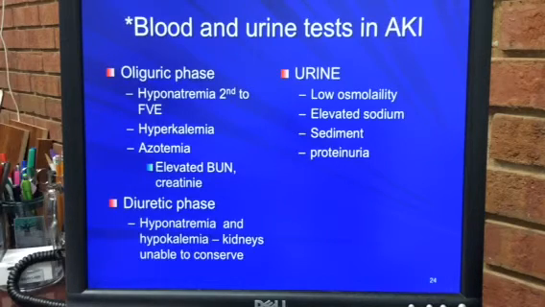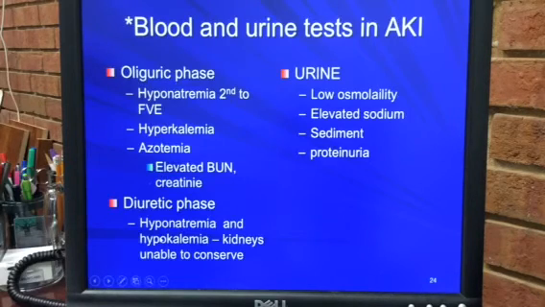We're talking about what people go through who experience acute kidney injury, regardless of the cause. So in the oliguric phase, you see a fluid volume excess that dilutes out the sodium. Their total body sodium is probably elevated, but it's watered down. You see elevations in potassium and you see azotemia.